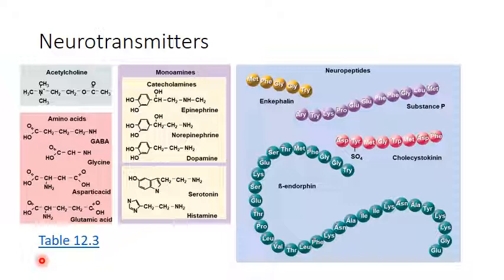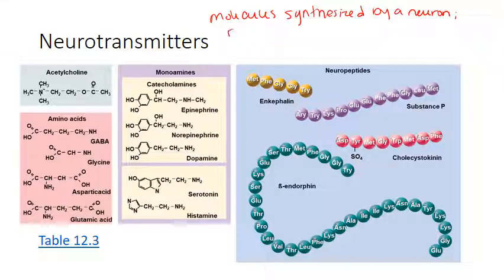These are molecules. Let's actually define neurotransmitter while we're at it. Our neurotransmitters are going to be molecules that are synthesized by a neuron. And then they're also going to be released when a nerve signal reaches the axon terminal.